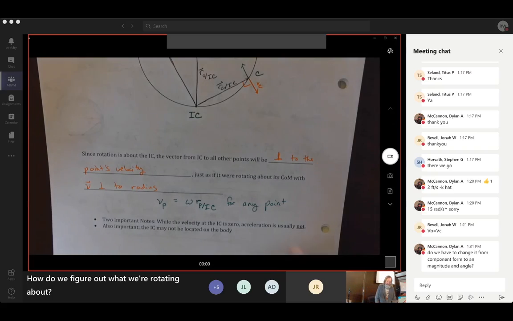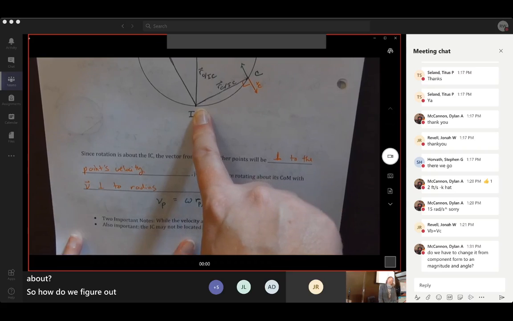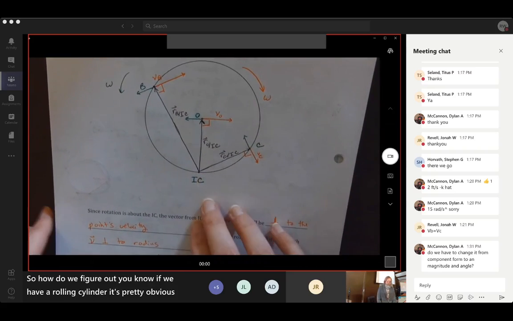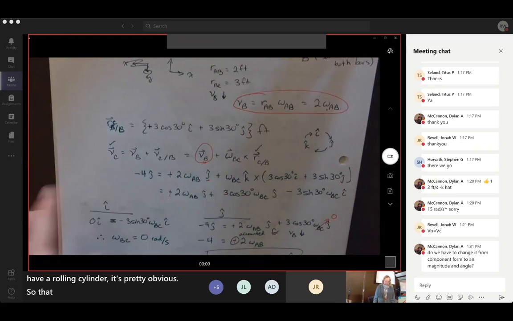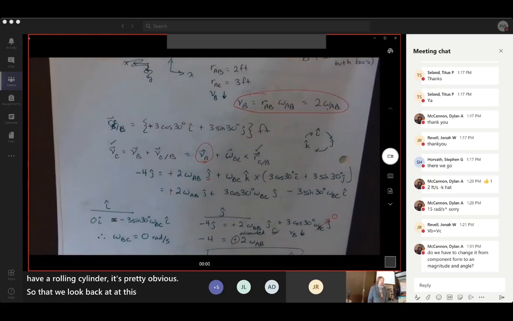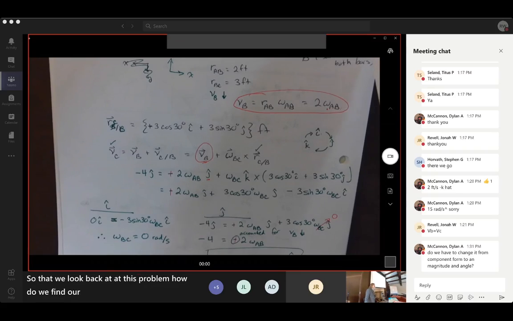If we have a rolling cylinder, it's pretty obvious. But if we look back at this problem, how do we find our instantaneous center of rotation? What do we think?